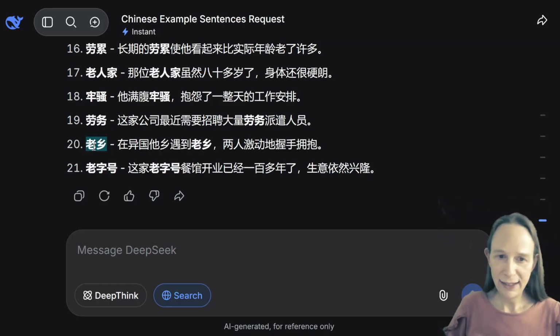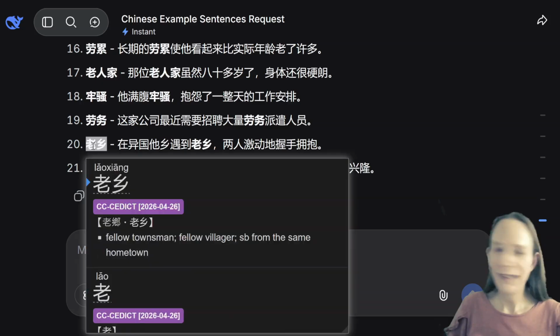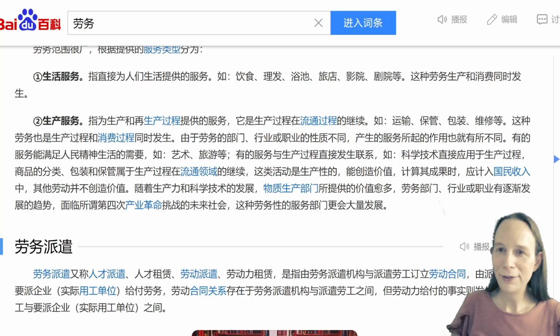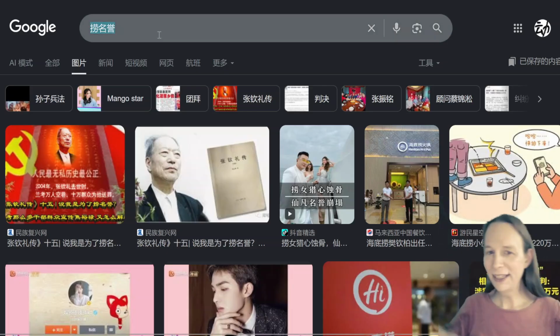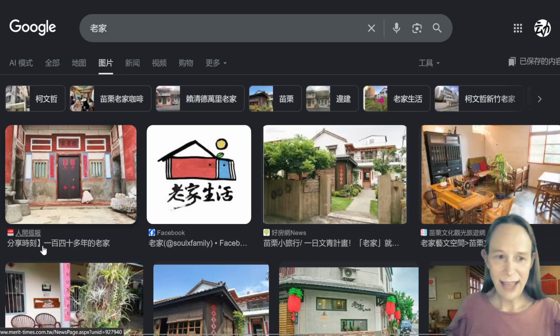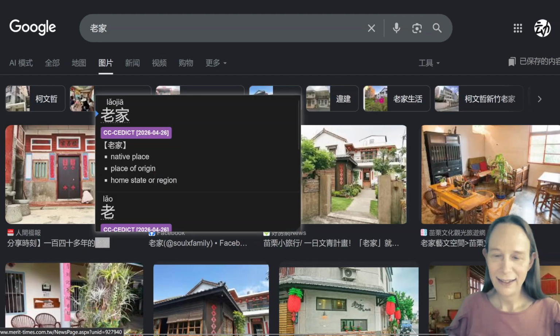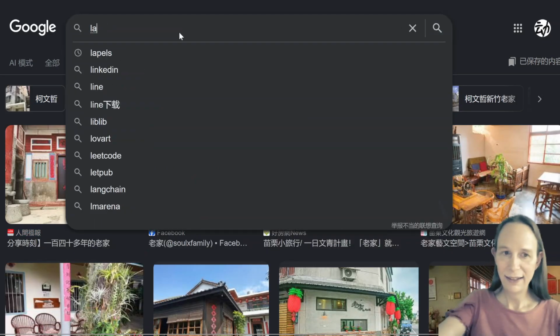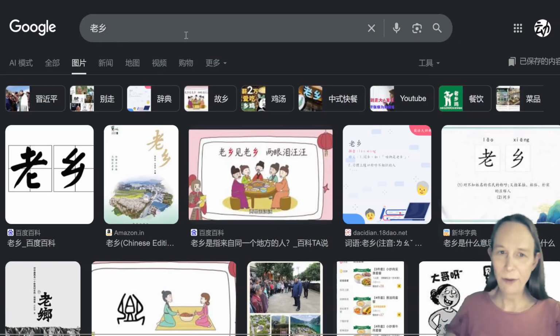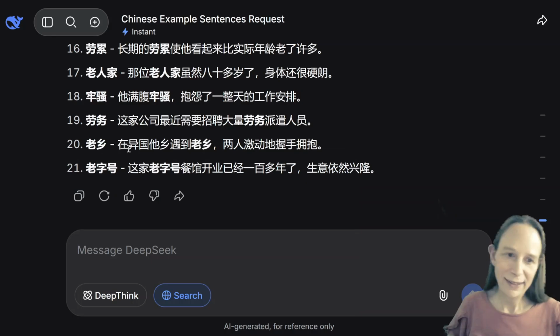老乡. 老乡 is your like hometown, right? No, I always get this one wrong. There's 2 of them and I always get it wrong. What's the mnemonic? 老家. 老家 is your hometown, is it? All right, and 老乡. 老家 hometown, 老乡 is someone from your hometown. All right. 在异国他乡.